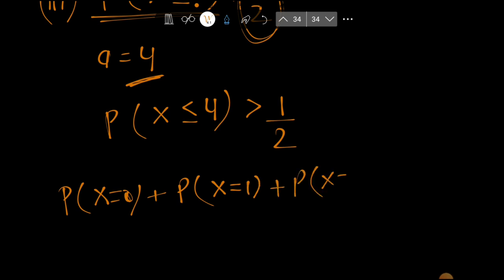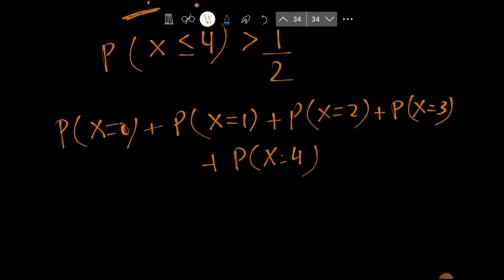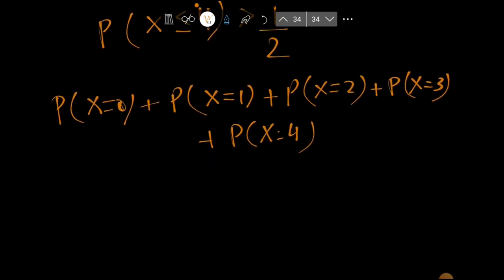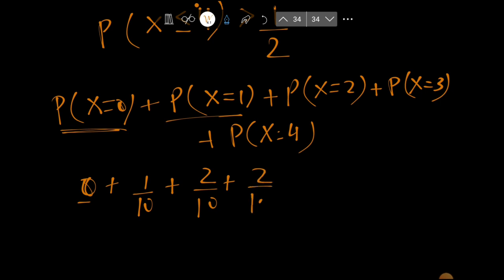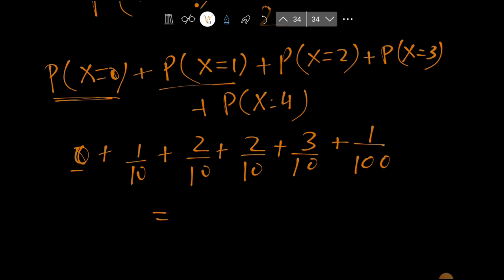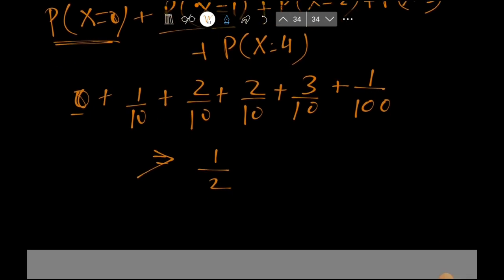So here the answer is 4, because when we sum these values up to 4: 0, 1 by 10, 2 by 10, 2 by 10, 3 by 10, and 1 by 100, the sum is greater than 1 by 2.